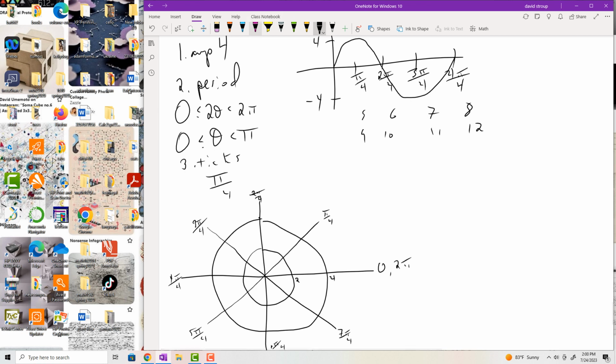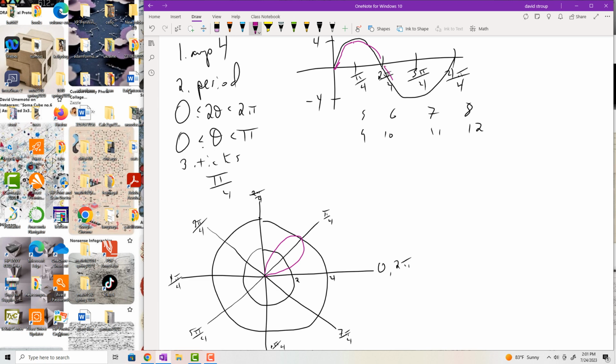Okay, so the first portion on the top here, from 0 to pi over 4, it's increasing out to 4. So my curve will increase out to 4. And then from pi over 4 to 2 pi over 4, it'll decrease back to 0.